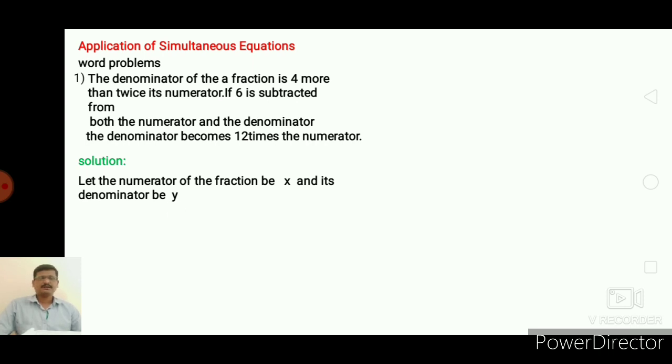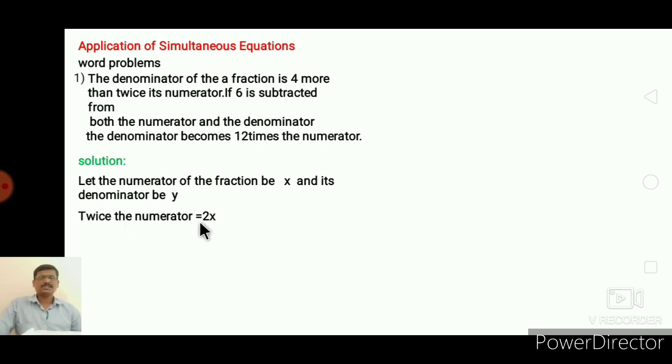Next step, find the conditions of the given example. In this example, the first condition is the denominator of the fraction is 4 more than twice the numerator.